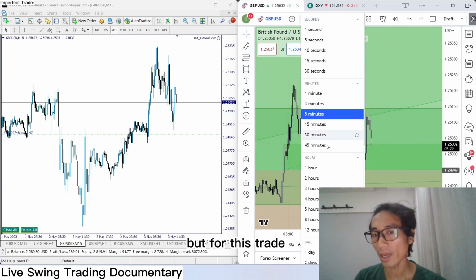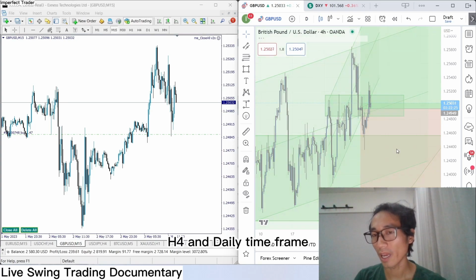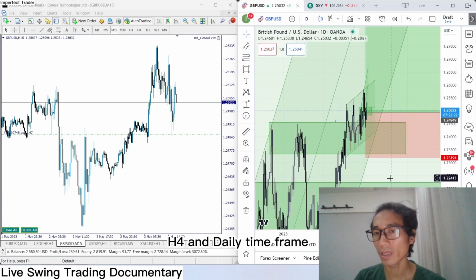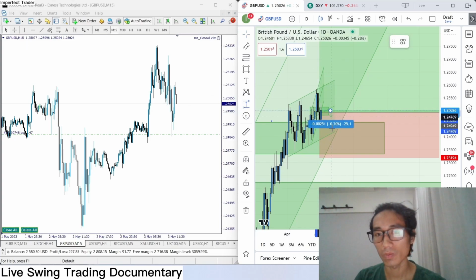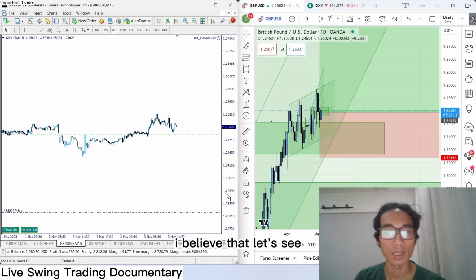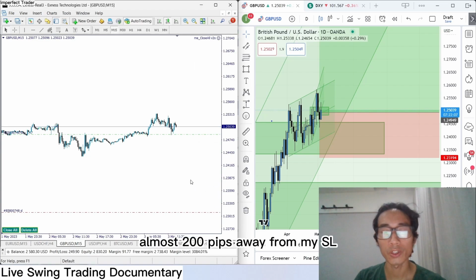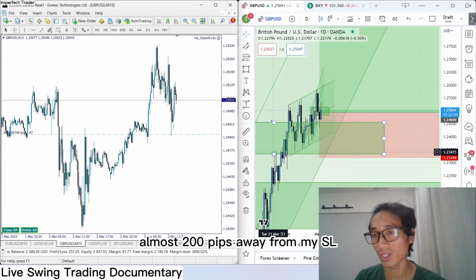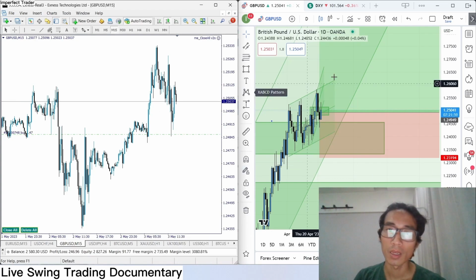But for this trade, because it's based on 4 hours and daily time frames, I believe that, let's see, it's almost 200 pips away from my stop loss. That's the reason why I'm going to just hold throughout the news.